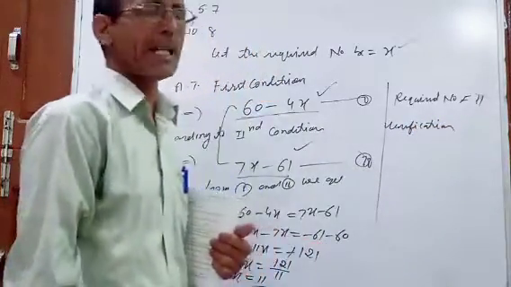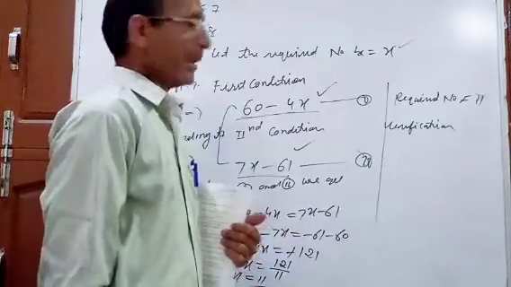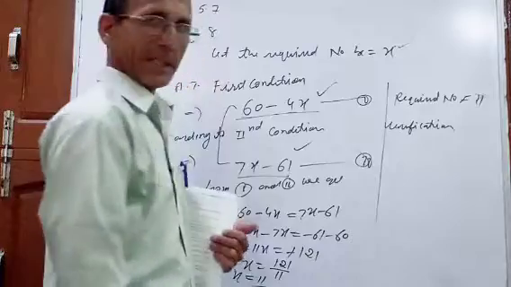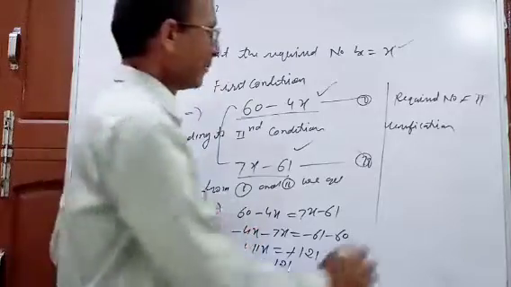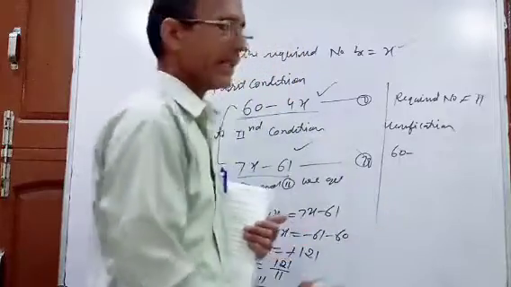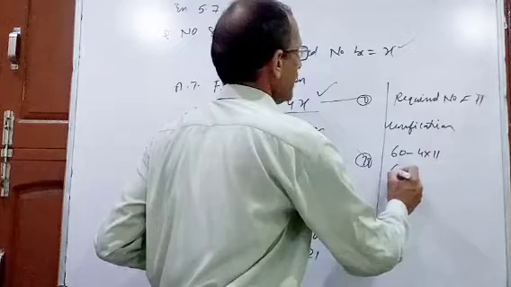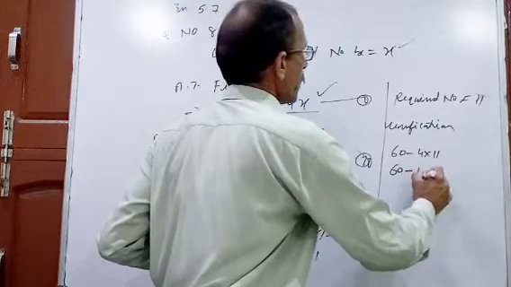Verification. Then you will understand easily. What is the first condition? 4 times the number is less than 60. So 60 minus 4 multiplied by 11. 60 minus 44.